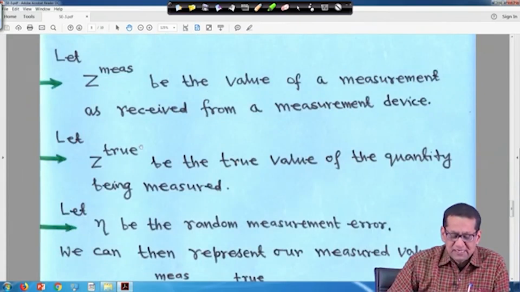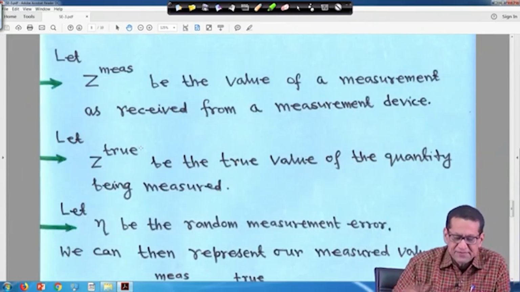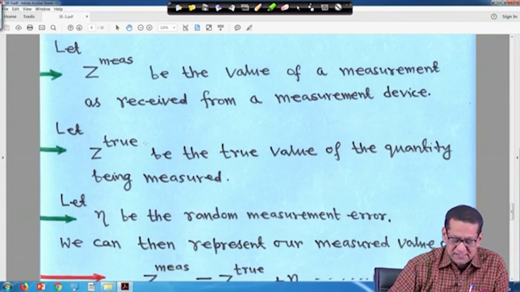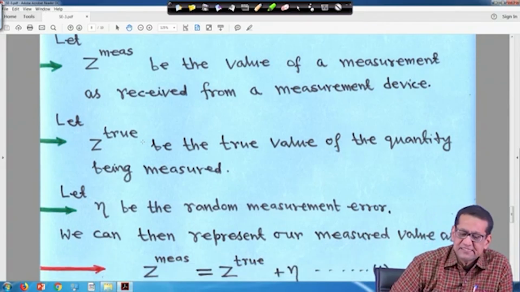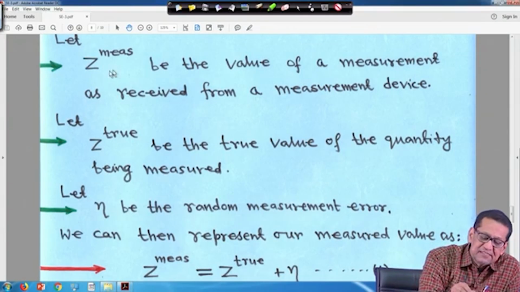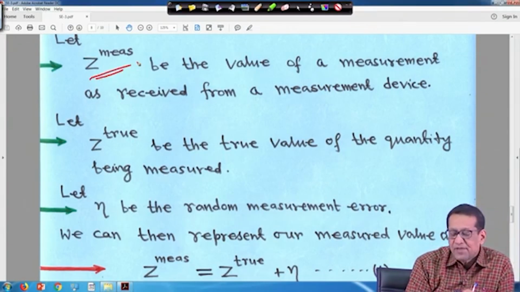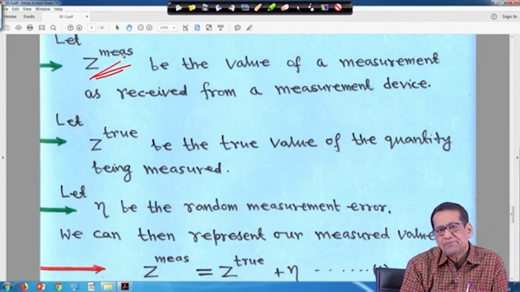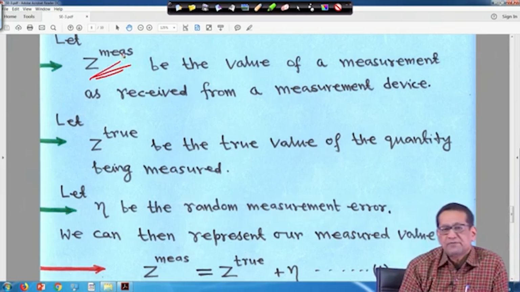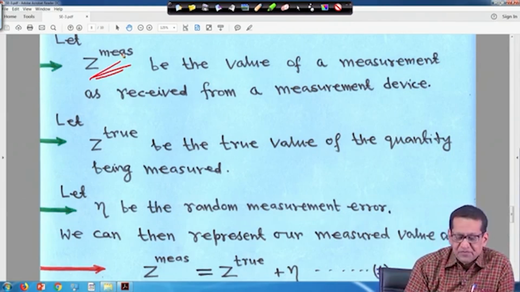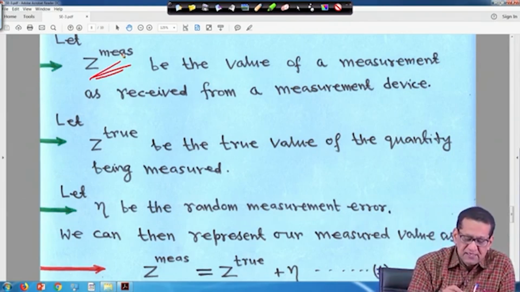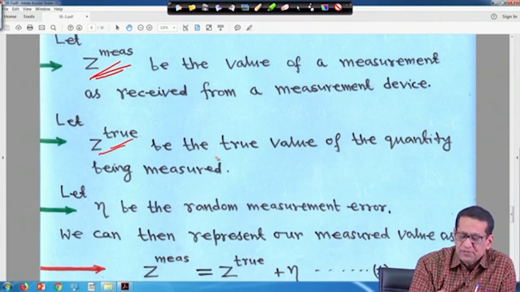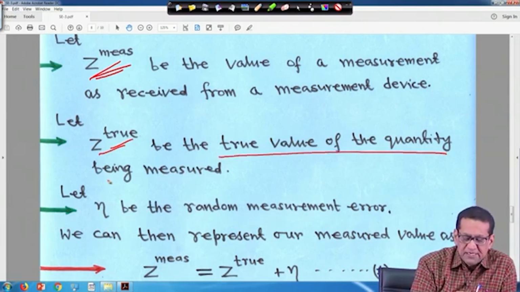Now let us make it like this: let Z measure be the value of a measurement as received from a measurement device. It may be volt, it may be current in ampere, it may be megawatt, it may be megavar, like this. And let Z true be the true value of the quantity being measured.